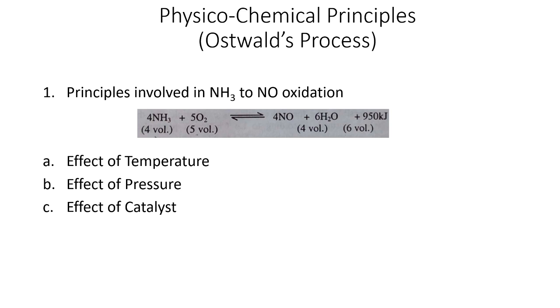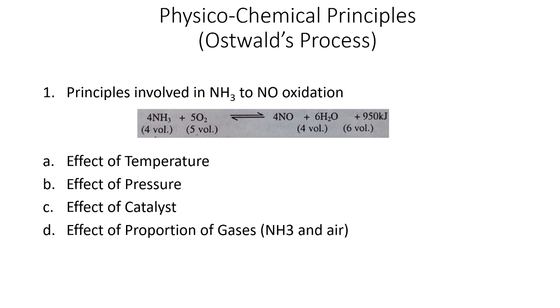Means this is, you can say, the maximum amount of yield that one can get if platinum rhodium, that is alloy catalyst, is used in the multi-layered form. Okay, and so this is all about the effect of catalyst.